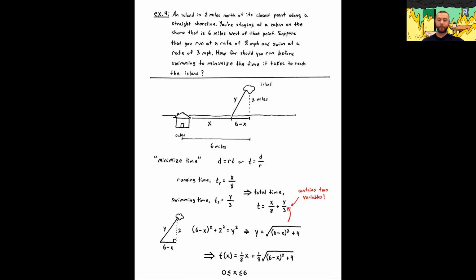All right, let's go ahead and finish the problem. So pretty much from here, we want to find the derivative for this expression, the time, as a function of x. All right, we can rewrite that square root as a 1/2 power, and then we can apply the chain rule. This gets a little tricky because it's several functions inside functions.